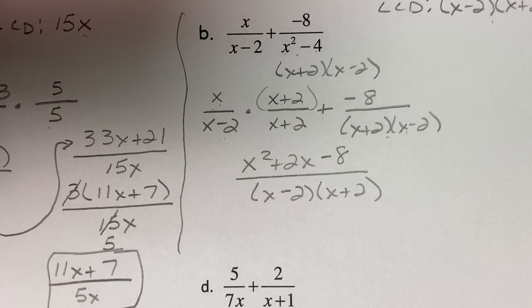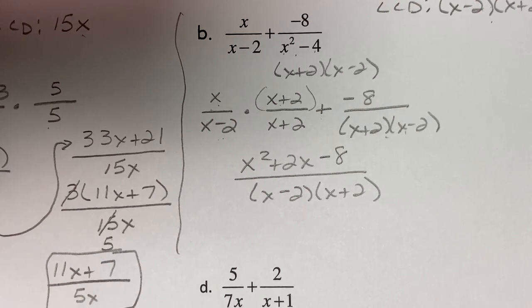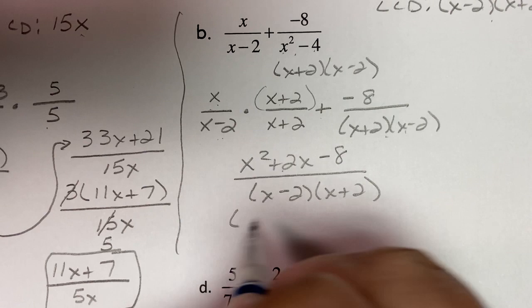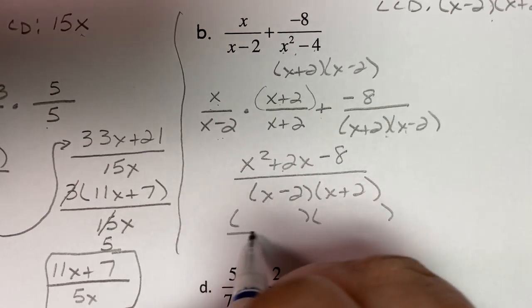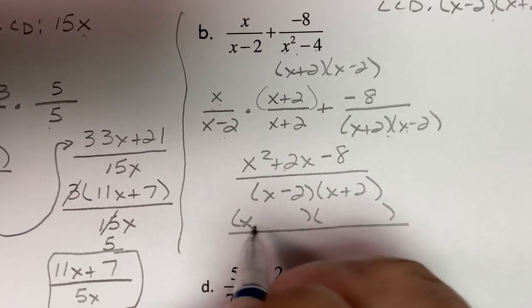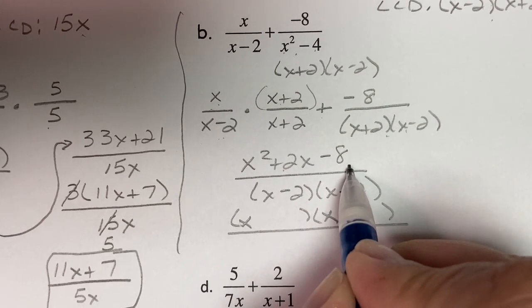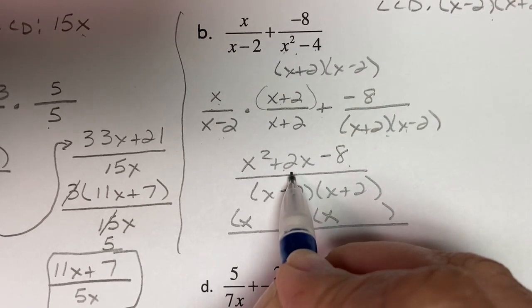But now the question is, does it reduce? Can I factor the numerator so that something in the denominator may cancel? Well, let's see. Does this numerator factor? It looks like it to me. So you're going to have an x and an x. Are there two numbers that multiply together to get negative 8, but add together to get positive 2?